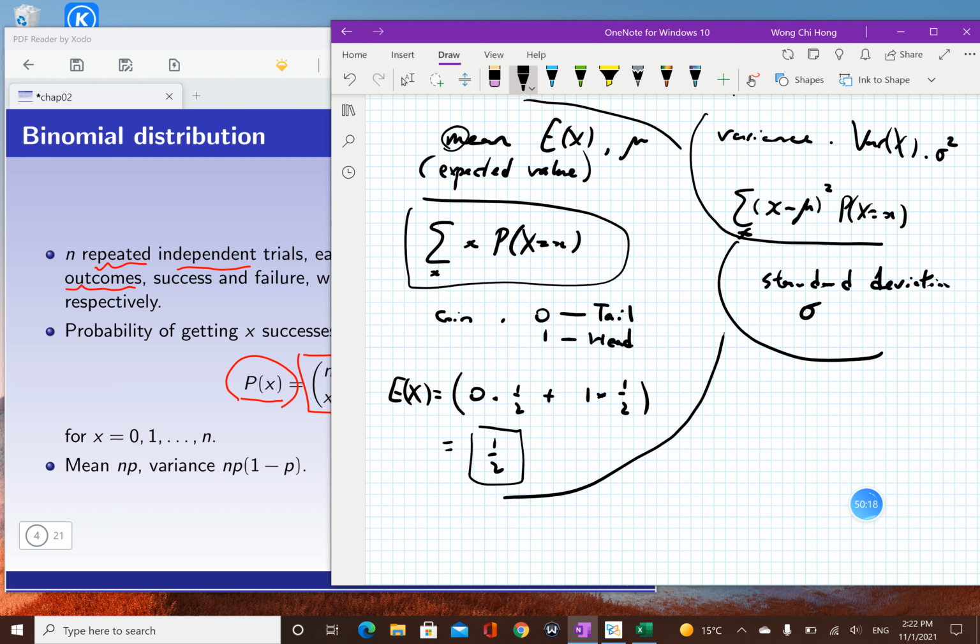So given the probability distribution, maybe binomial, maybe another distribution, you can work out the mean, the expected value, or the variance, which tells you how far it is spreading out.